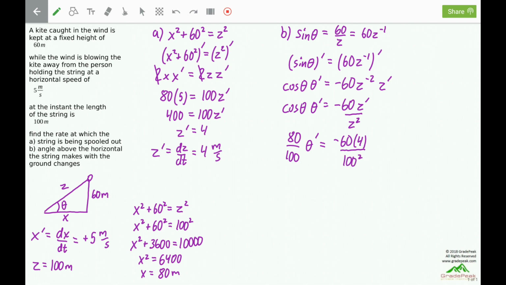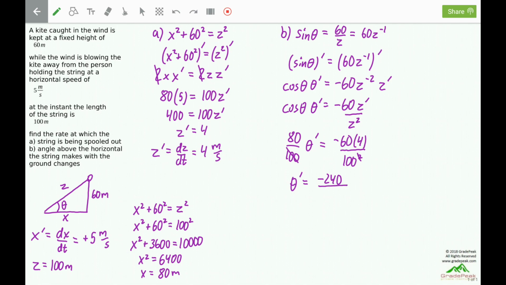Now, instead of getting really big numbers, we can reduce some of the numbers on each side. The 100 in the denominator on the left, and one of the 100s in the denominator on the right can cancel with each other as long as they're in the same position. Multiply both sides by 100. Those will cancel out. So I can now divide both sides by 80, and theta prime will be negative 60 times 4, which is negative 240.